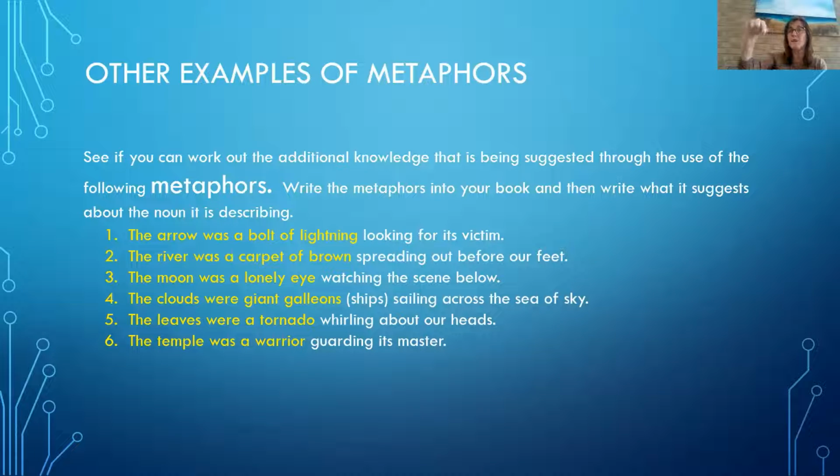So I would put in brackets very fast and having a very direct hit, like a bolt of lightning would. So just put that in brackets as your explanation of the extra additional knowledge that's being suggested through the use of that metaphor. Stop the video now, off you go.